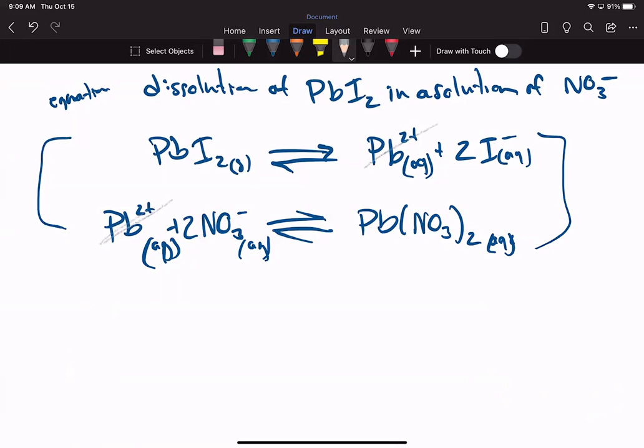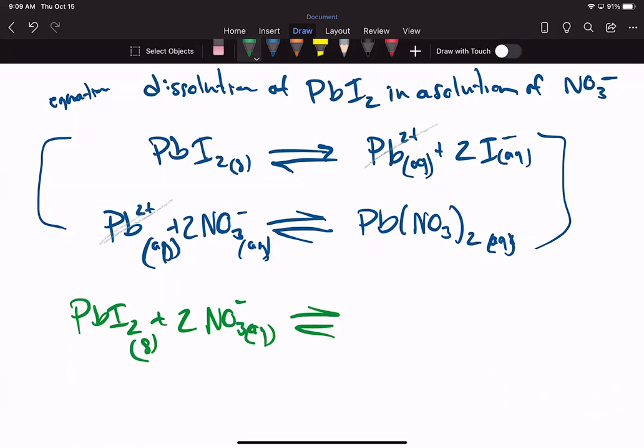If I take some lead iodide and put that in a solution of nitrate, we're going to get the product.